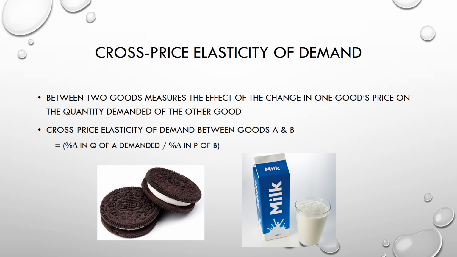So milk is more expensive, and we expect that the quantity demanded for Oreos will decrease, but we want to know by how much. We measure that, and we could say the demand for Oreos decreased by 10% when the price of milk increased by 20%. We'll get to that in a few minutes, but that's basically what we're doing. We're trying to see, if milk price changes, how much will that affect the demand for Oreos, or whatever two goods we're talking about?